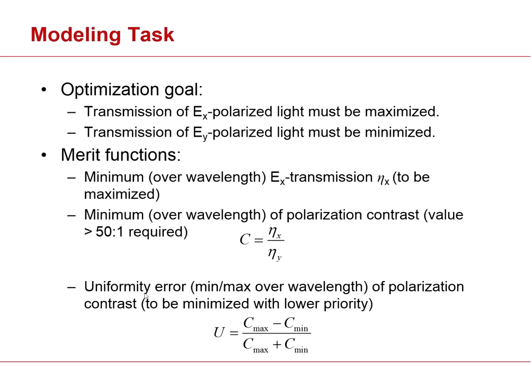And finally, we look at the uniformity error of the polarization contrast, which is defined as given here. And this uniformity error is to be minimized. So to summarize this, we have one merit function which is to be maximized. We have a constraint concerning the polarization contrast, and we have a second merit function, which is the uniformity error.